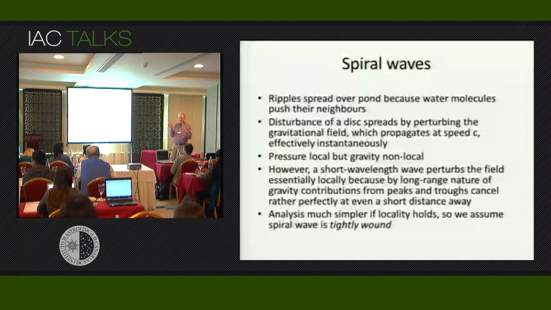Leah showed us yesterday a series of resonances which arise as you approach co-rotation. We saw triangular orbits, rectangular orbits, and orbits with extra wiggles, extra loops on them. So there's this series of resonances.